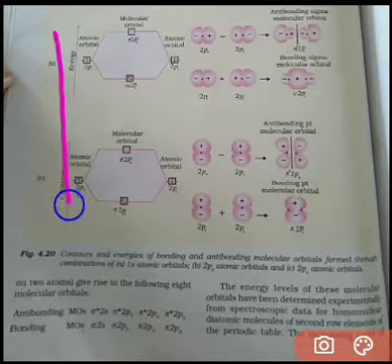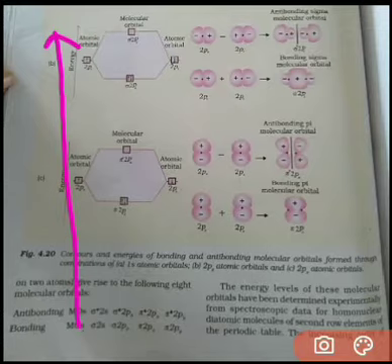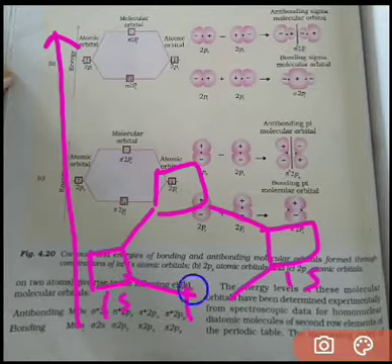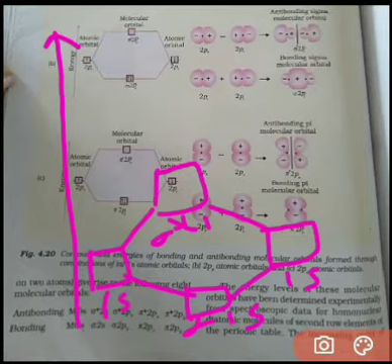Suppose this is the energy level diagram for O2, the molecular orbitals of O2. So students, for O2 you can assume for 1s it will be the same, for 2s it will be the same. That is, 1s will combine with 1s of the other oxygen and result in the formation of sigma 1s and sigma star 1s.